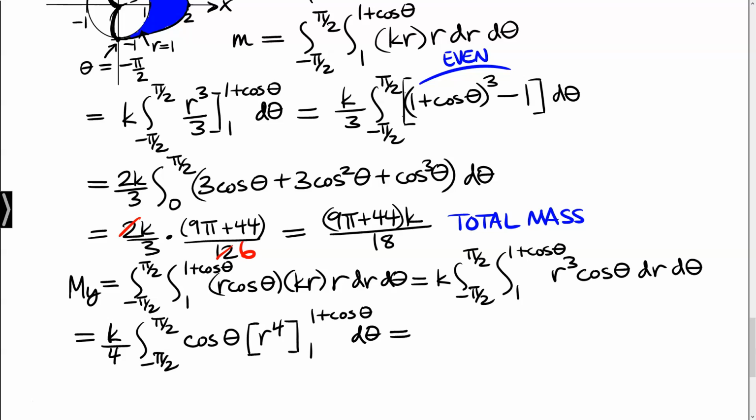So this is going to be way more of a mess. All right. So it's going to be k over 4 cosine theta times 1 plus cosine theta all to the 4th minus 1.